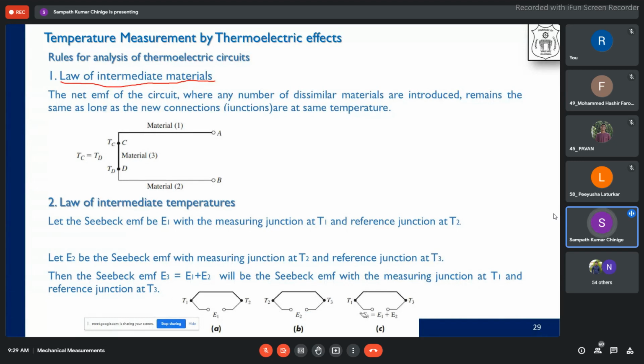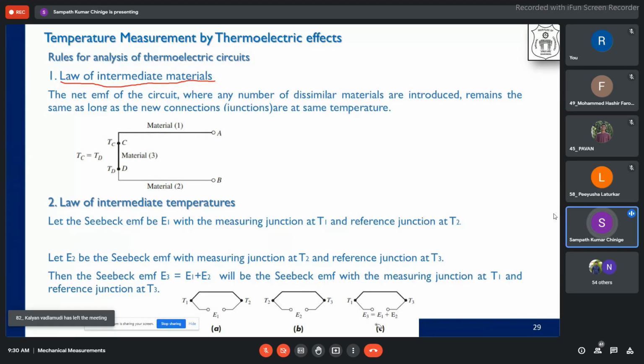Then the electromotive force generated, E3, is nothing but the summation of E1, generated by the joining of materials 1 and 2, plus the EMF generated by the joining of material 2 and material 3.